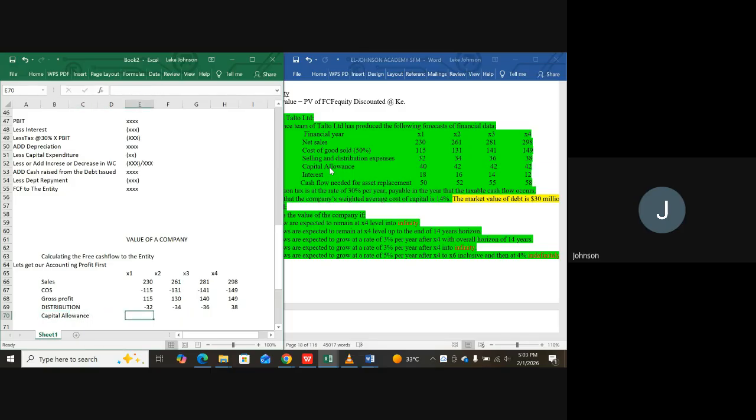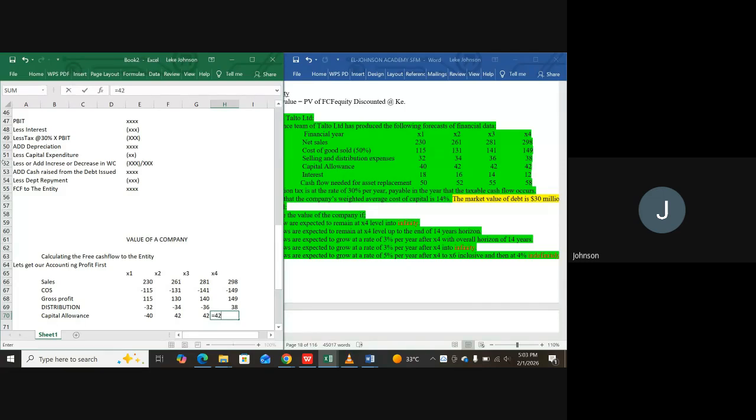Capital allowance is also an expense, so we're also going to minus it. So we now say minus 40 here, minus 42, minus another 42 again, minus another 42. All of them are just 42.